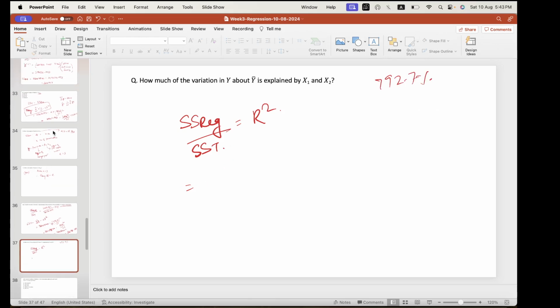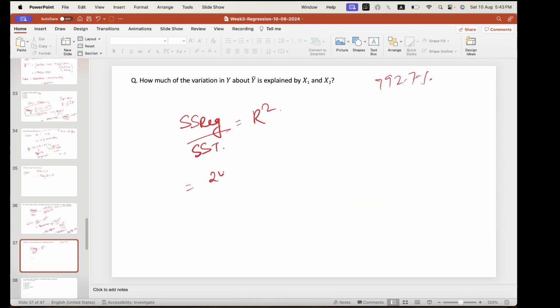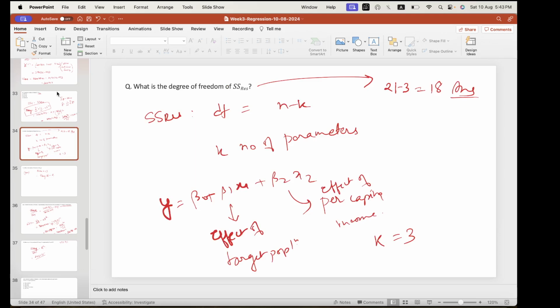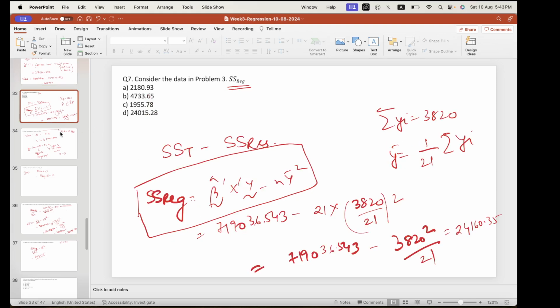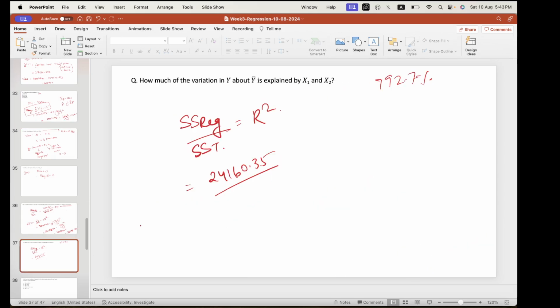So SS due to regression is how much? That we have found now, 24160.35. It would be 24160.35 divided by SST. SST is how much? 26196.209.